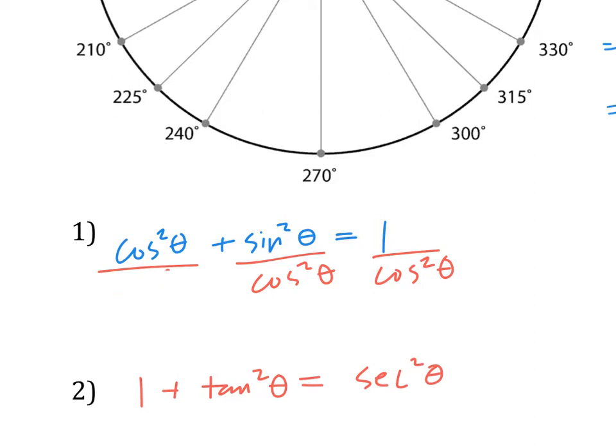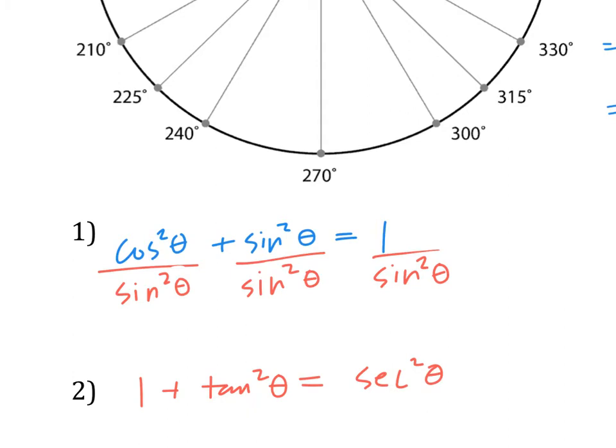All right, now let's get to the third theorem. Instead of dividing by cosine squared, we're going to divide by sine squared. Cosine squared divided by sine squared is what?